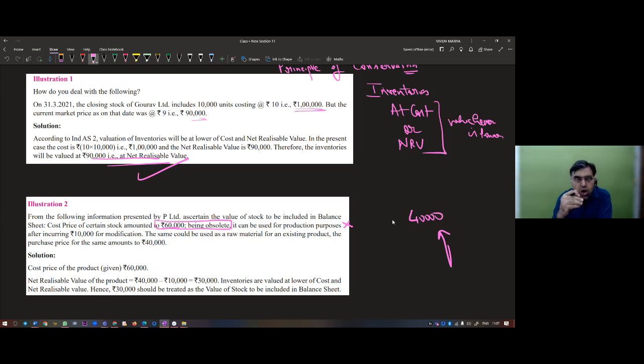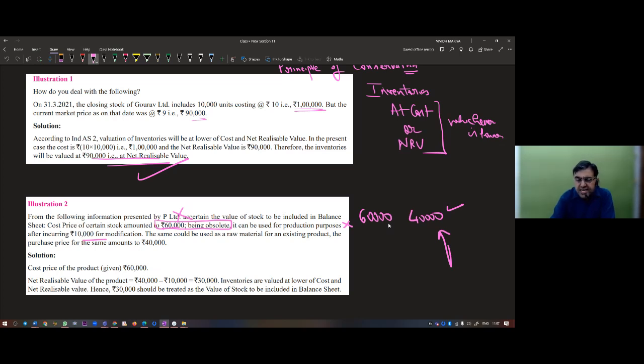So the replacement value is 40,000. I have not said the complete thing yet. By spending 10,000, we can make the same goods into working condition.